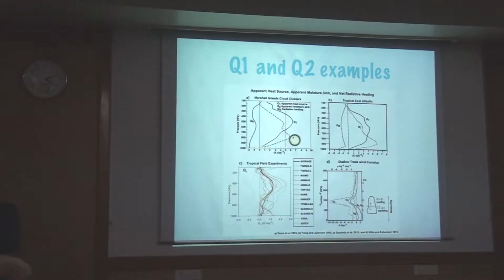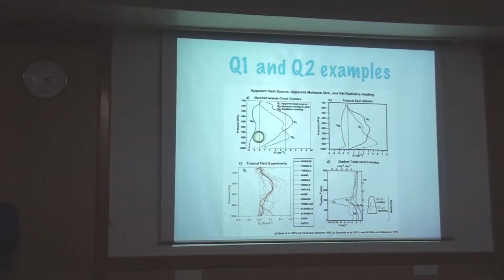The Q2 is, again, really Q2 divided by Cp, to make it equivalent to this Q1 calculation. And then here on the left, you see the estimate of what the radiative cooling of the atmosphere was. The atmosphere, in most regions, cools radiatively, and then the convection heats the atmosphere.